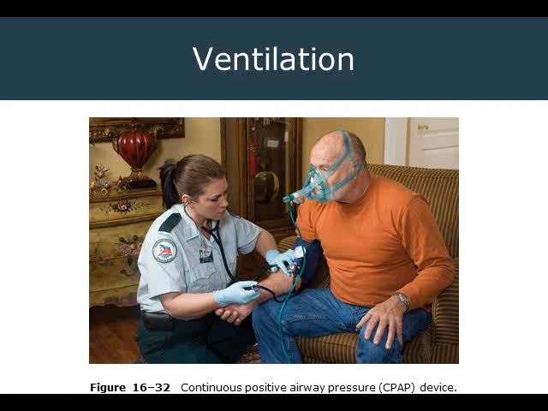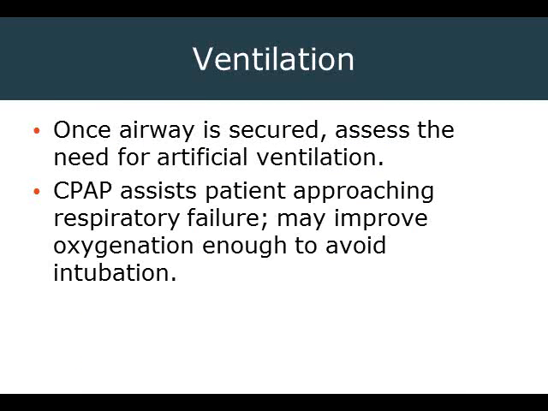The CPAP device is used in patients who are starting to falter in their ability to maintain their airway. They maybe have fluid, maybe are starting to have problems with airway collapse. In those cases, CPAP can help hold off having to go down that road of intubating them and ventilating them fully. So it's a non-invasive positive pressure ventilation.